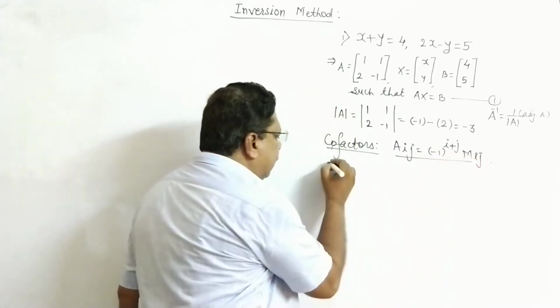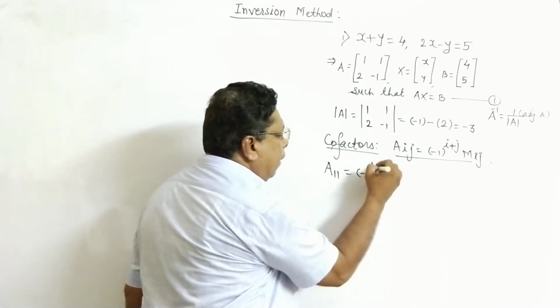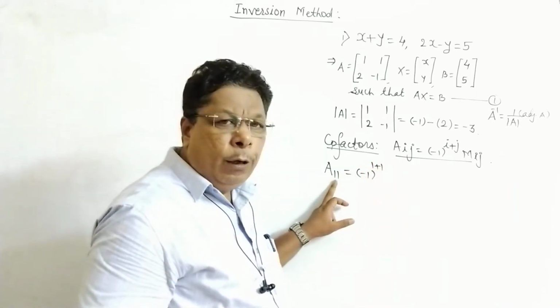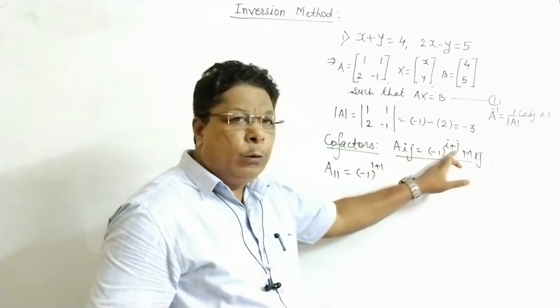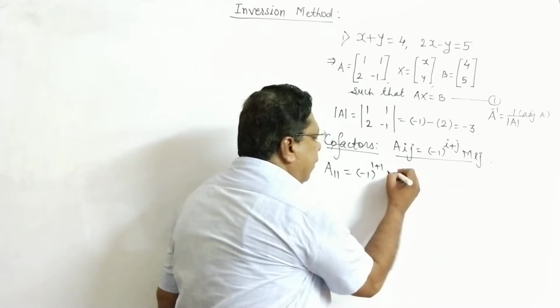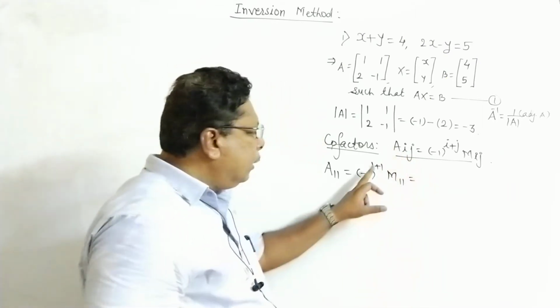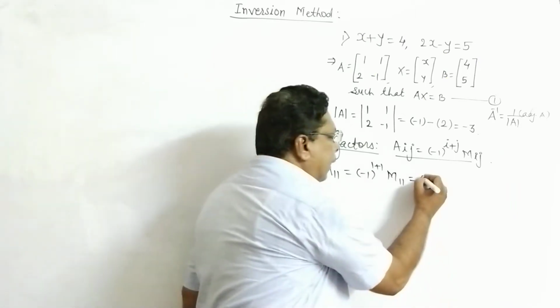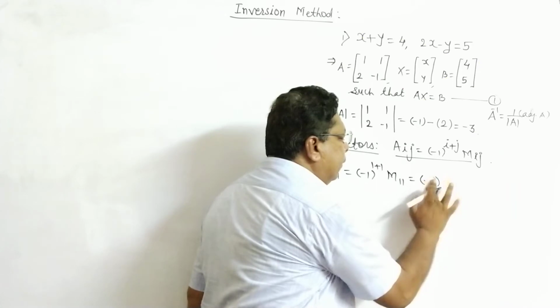First cofactor A11. It is minus 1 raised to 1 plus 1, M11. Here i is equal to 1, j is equal to 1. Minus 1 raised to 2. Minus 1 raised to an even number is always 1.